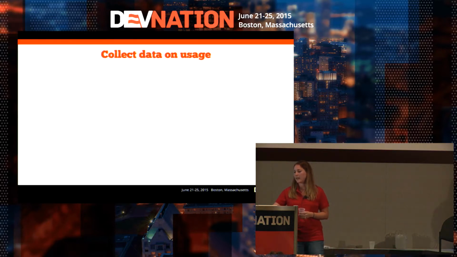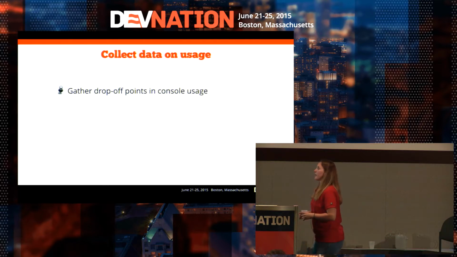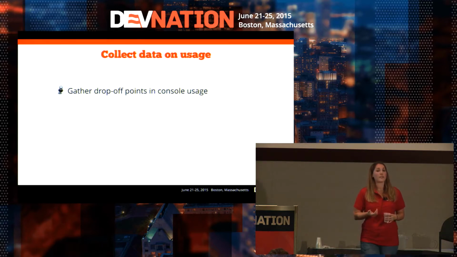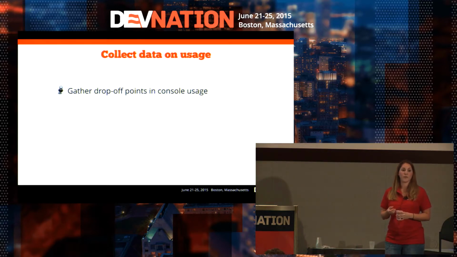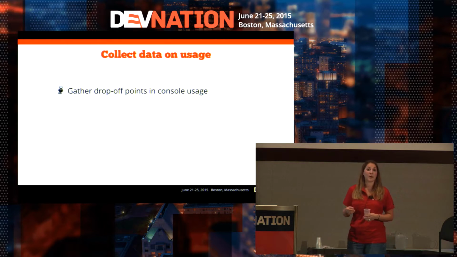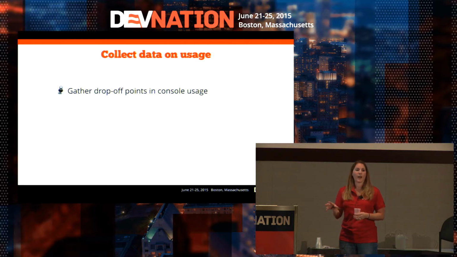Collecting data on usage has some easy ways to do it with Internet of Things. The first one, for anything that is a software-based system, where you have a web console, a tablet, a phone, et cetera, is to gather the drop-off points. You can do this easily through things like Google Analytics. Drop-off points can tell you a couple of different things. They can tell you where along that flow people are getting lost and leaving because they're giving up.